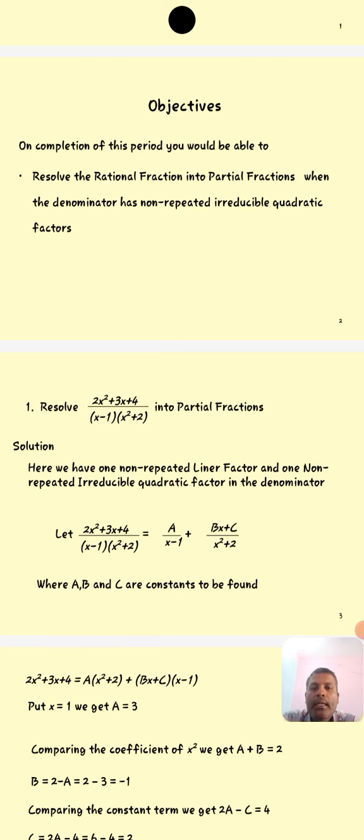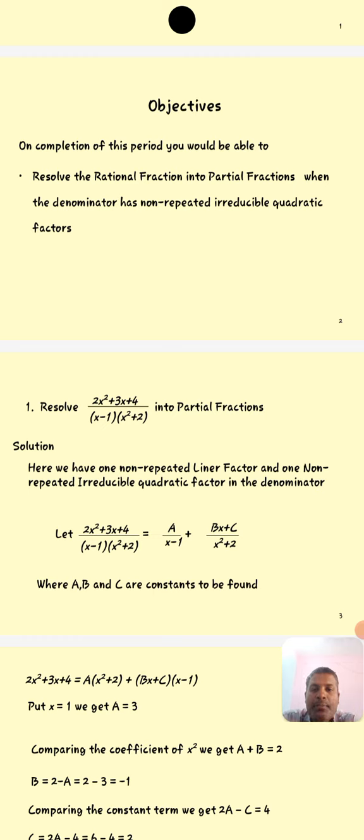What is the degree of f of x? 2. What is the degree of g of x? x cube is there. When we compare, the numerator degree is less than the denominator degree, so we confirm this is a proper fraction. Whenever a proper fraction is confirmed, it is possible to write the partial fraction format.